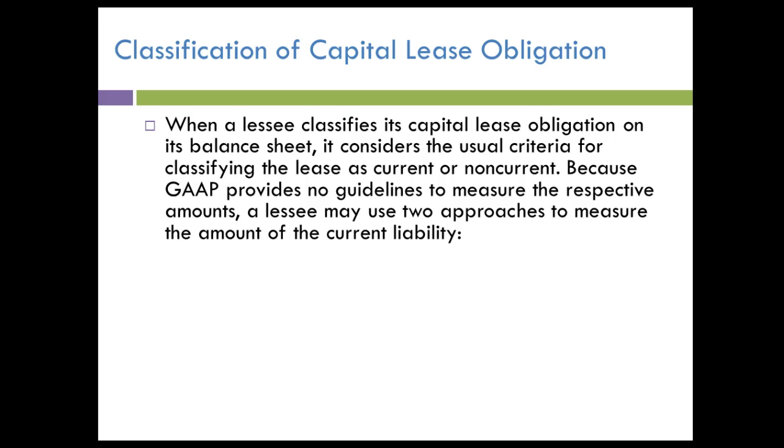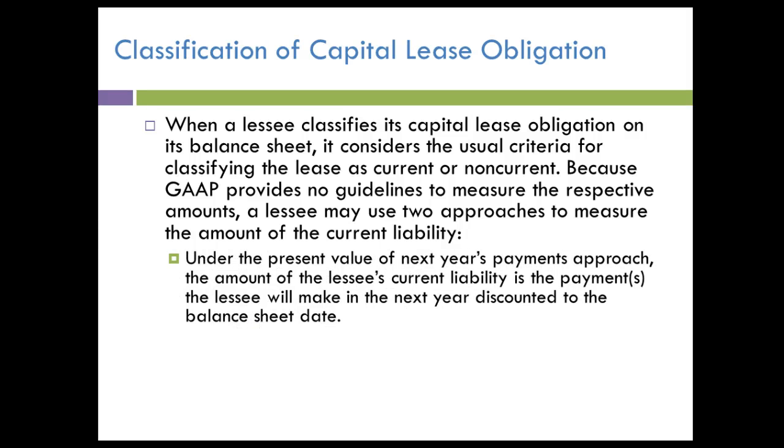So when the lessee classifies its capital obligation on its balance sheet, it considers various criteria to determine if the leased portion of the payment is current or non-current. GAAP doesn't provide guidelines to measure this, so there's 2 ways they can look at that.